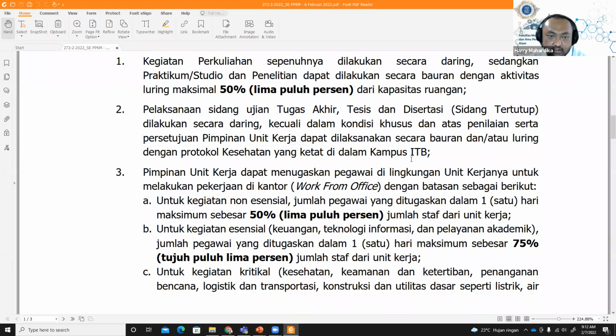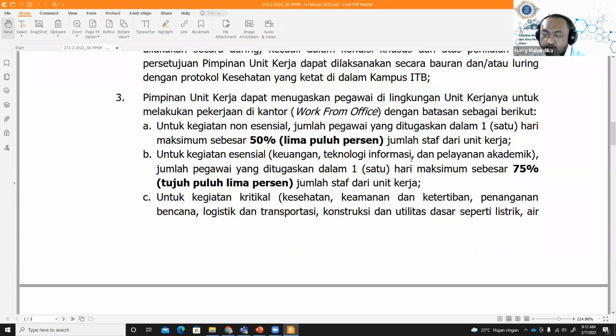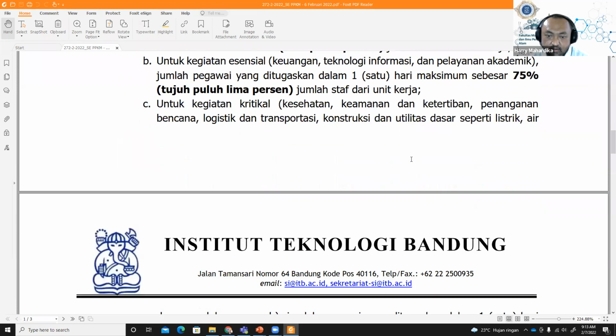And then there is also a requirement for the workers, which also includes lecturers, to work from home. And if they have a requirement to work from office, then there is a minimum requirement on the number of people who can enter the room.